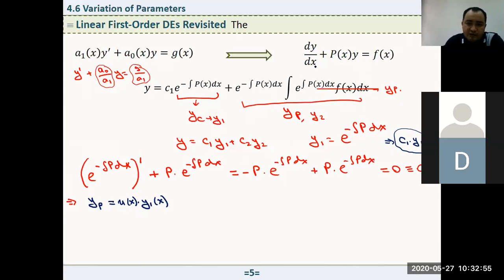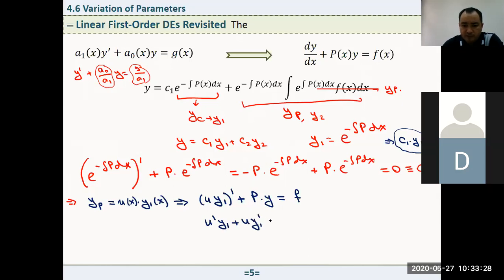Now if I substitute here, what happens here? So if we assume so, and substitute here, we have y prime plus p times y, right? And on the right hand side, we have f. Okay. So if I assume so, is it possible to find this u? Now if I differentiate this one, what we have here, u prime y1 plus u y1 prime, right?